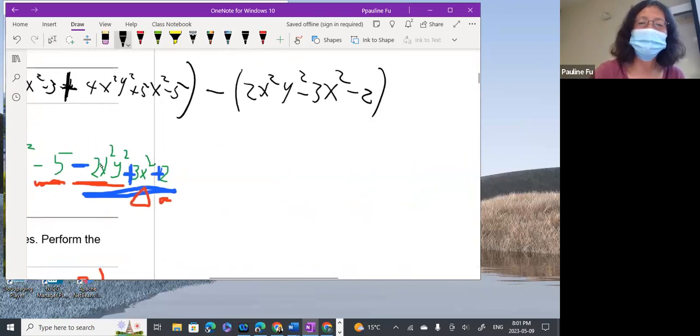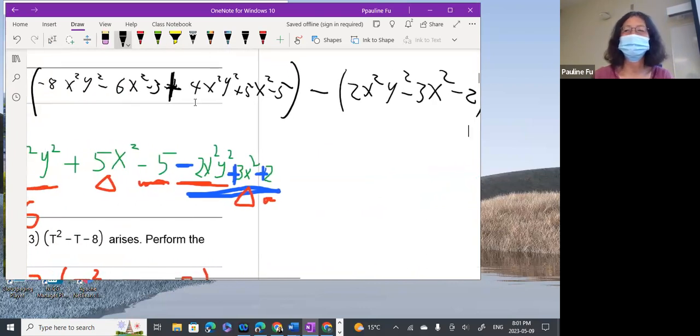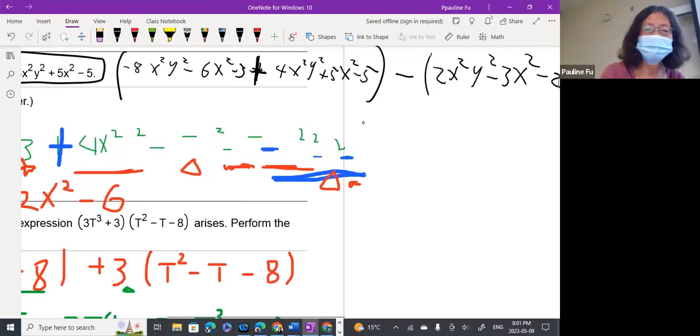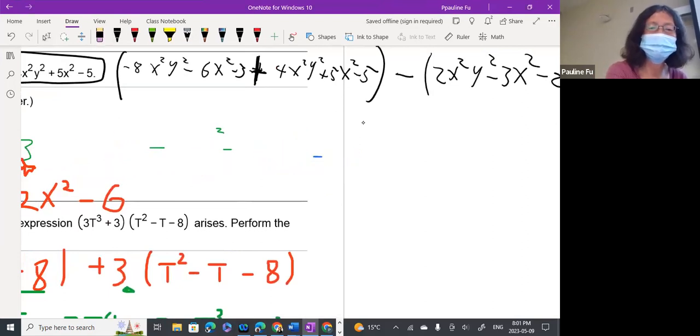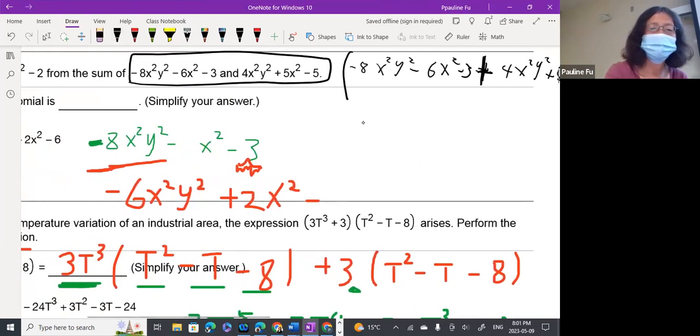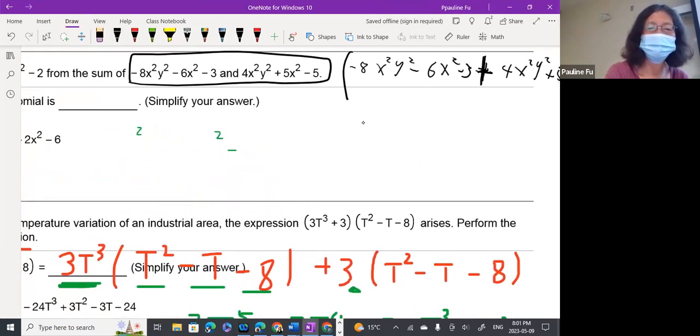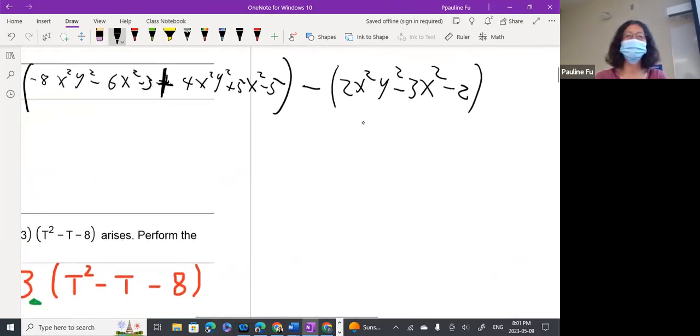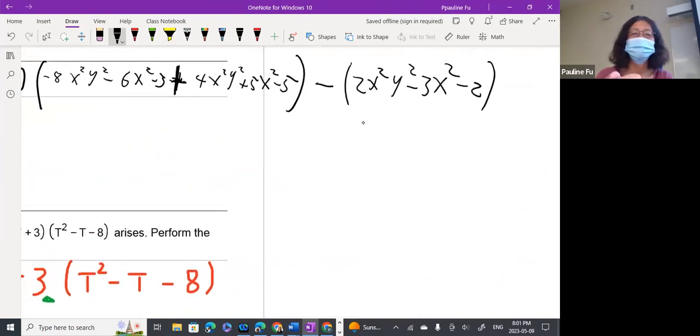So the question becomes: simplify this one. I'll erase the notations. So how do you simplify this one? That is the question.